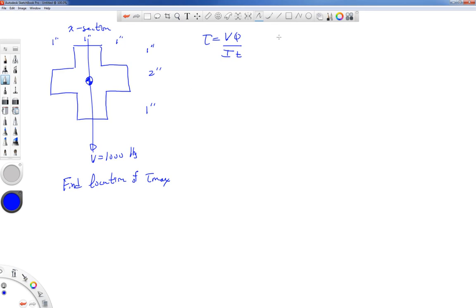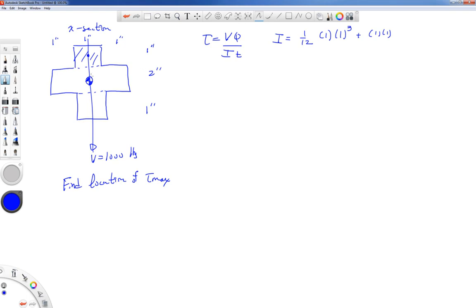And now we need to find the I about the centroid. We're going to have to use the parallel axis theorem. Let's see, I'm going to break this up into 3 pieces. 1/12 for the top piece, the base times the height cubed, plus the area times the distance from the centroid of the cross-section to the centroid of that spot squared.